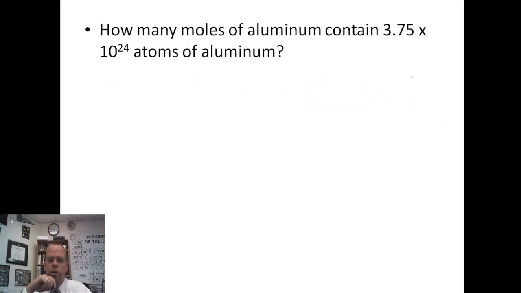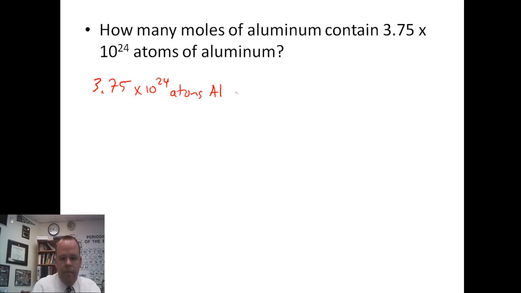So we were dealing with molecules instead of atoms. Next problem is the reverse of what we were doing before. This time we have 3.75 times 10 to the 24th atoms of aluminum. We want to cancel atoms of aluminum.